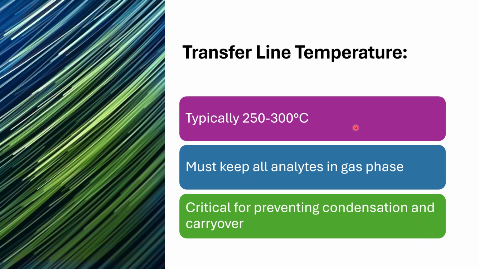The importance of the transfer line is that it transfers your analyte from the column to your mass analyzer. So you have to keep all your analyte in gas phase. That is why it ranges from 250 to 300 degrees Celsius. It is critical for preventing condensation and carryover.